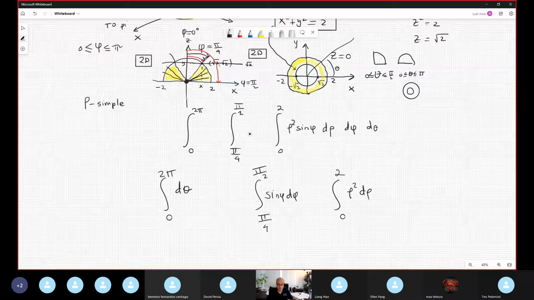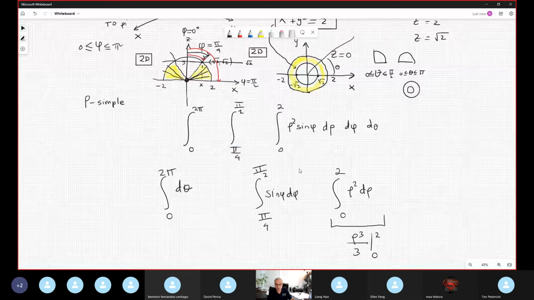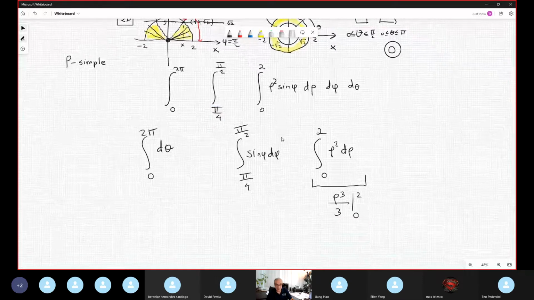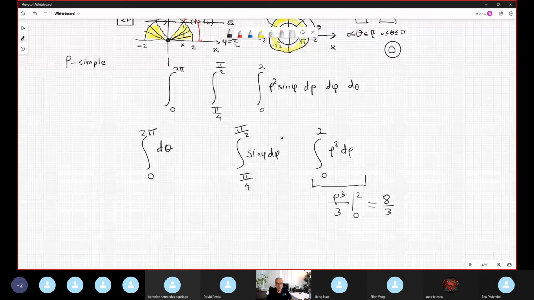Okay, do it. That part is rho cubed over 3, evaluated between 0 and 2. This is 2 cubed, 8. 8 over 3, no? I suppose, is the answer for this integral. The answer for this integral is also easy. The antiderivative of sine is minus cosine.